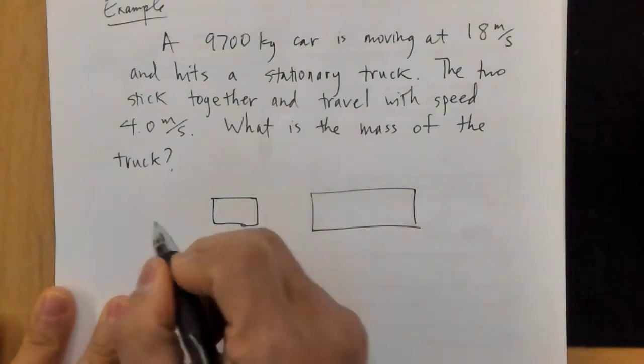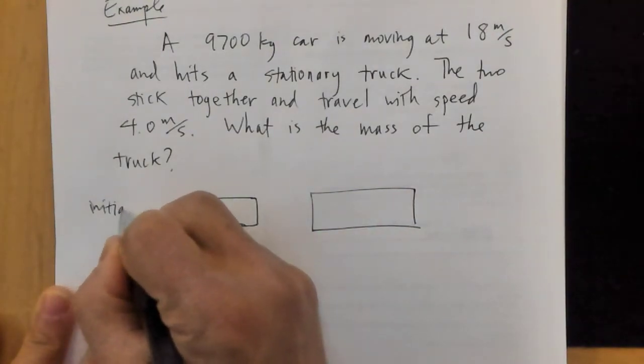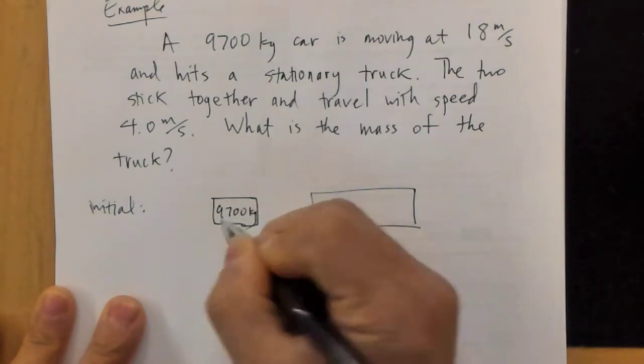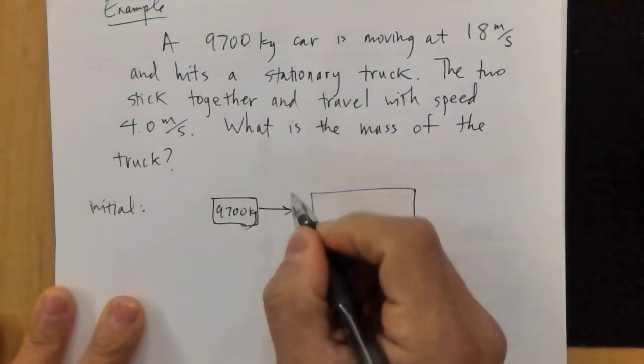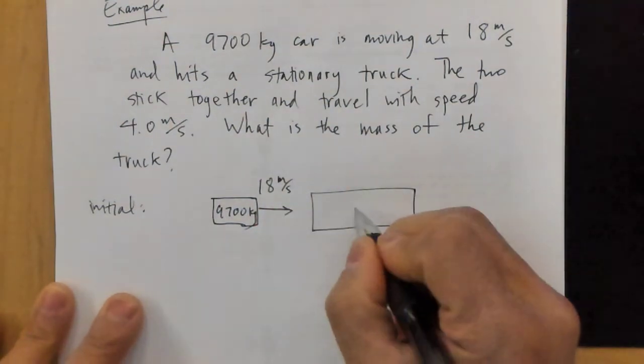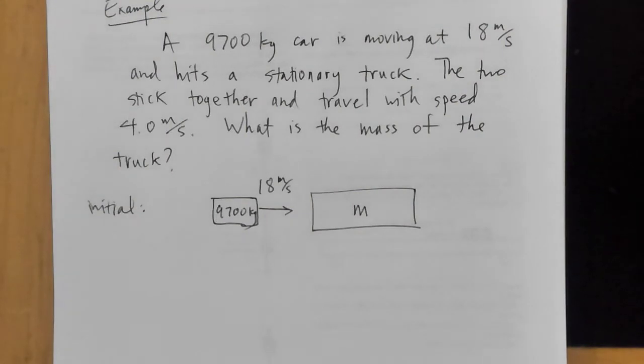Okay, so initially I have a 9,700 kilogram car. It's coming in at 18 meters per second. Then I have a truck with an unknown mass, m.